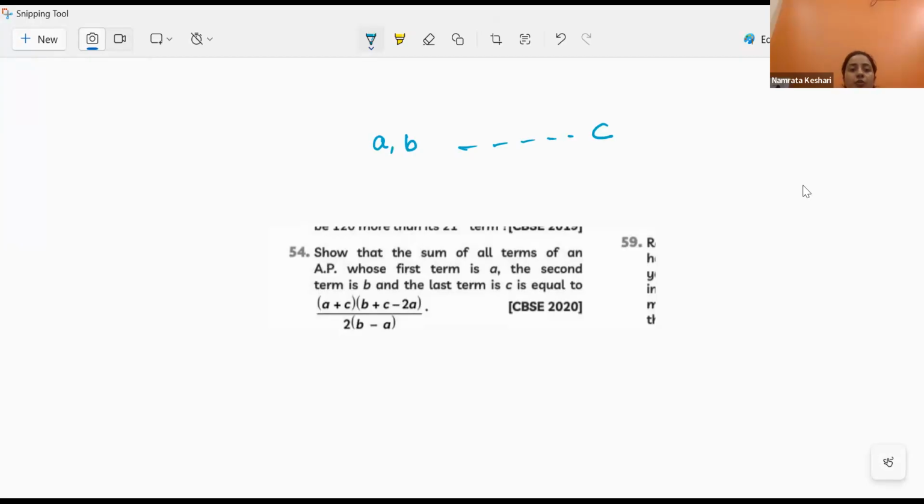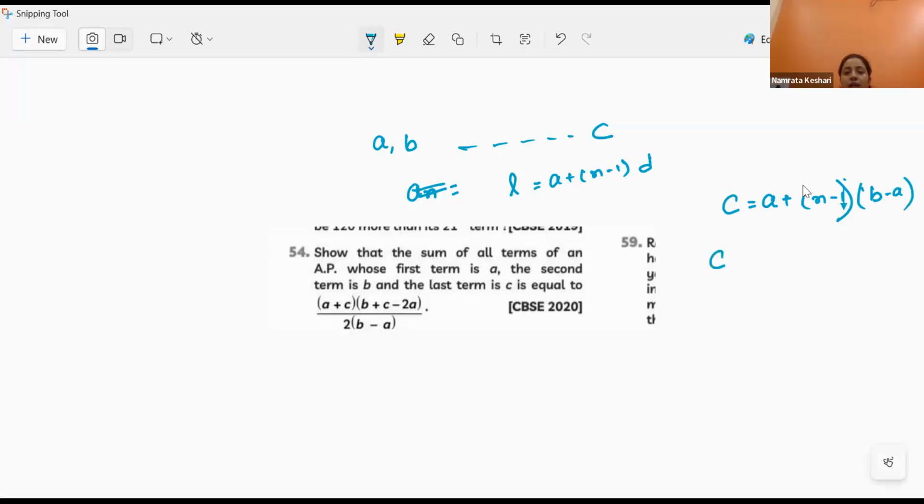So at first we will focus on finding N by using the last term formula. The last term is A plus N minus 1 into D. Here the last term is C, A is A, N we are trying to find, and D is the common difference, that is B minus A. Yes or no?